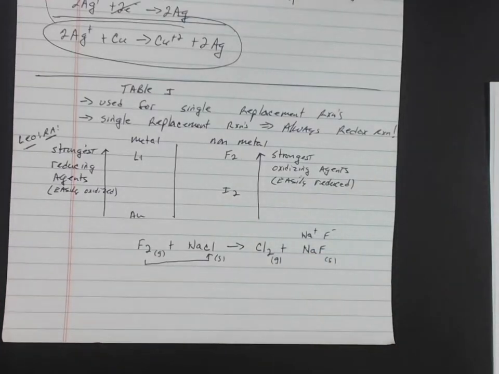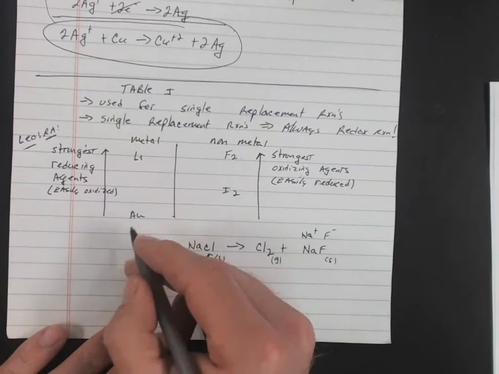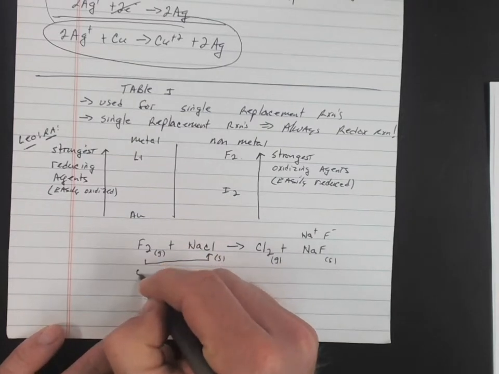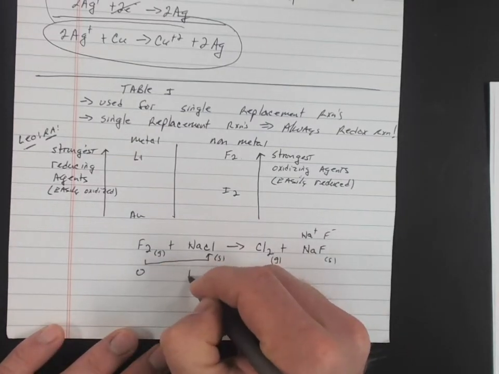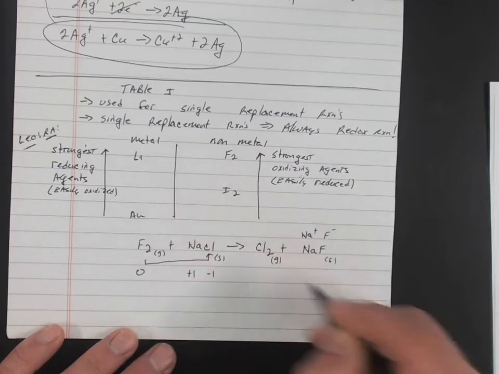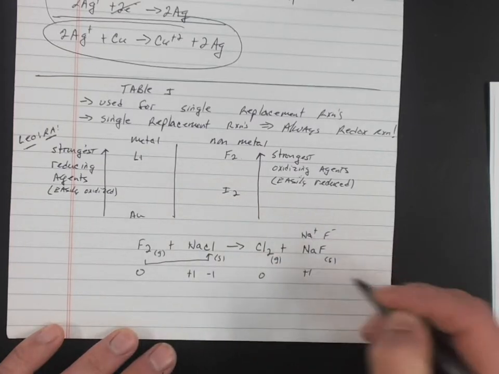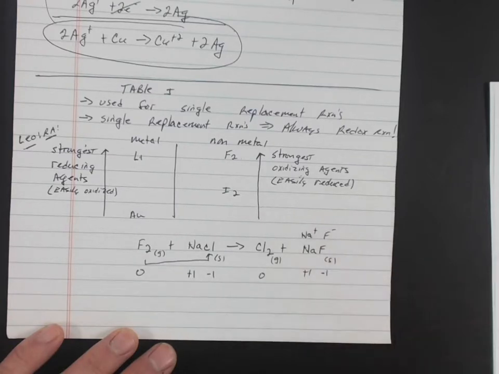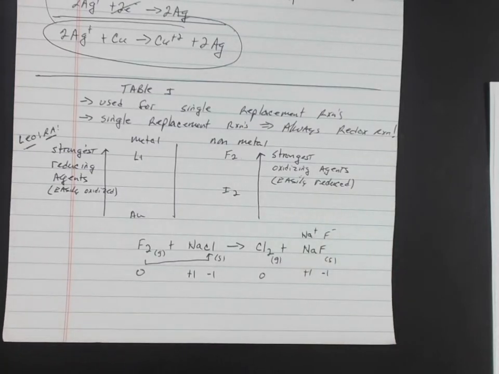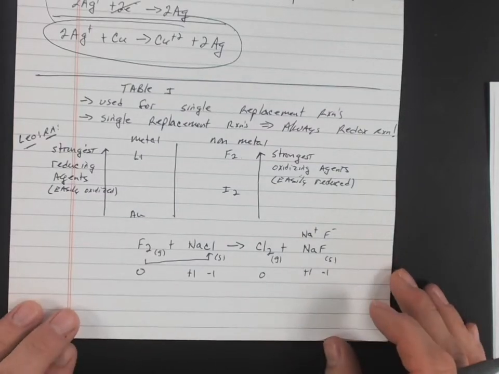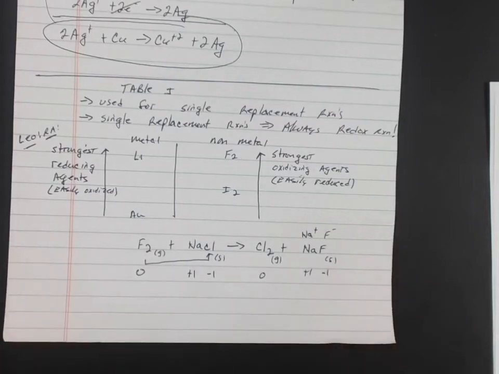Now, let's go ahead and assign oxidation numbers. F2 stands alone, 0, Na, plus 1, Cl, negative 1. Chlorine stands alone, 0, Na, plus 1, F, negative 1. Okay, Cassie, what is our LEO hookup? So I'm looking for, LEO says LEO RA up.